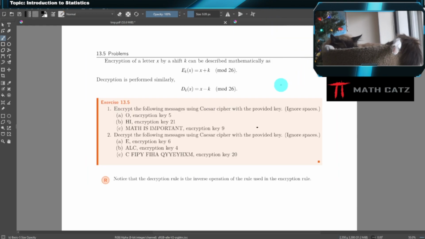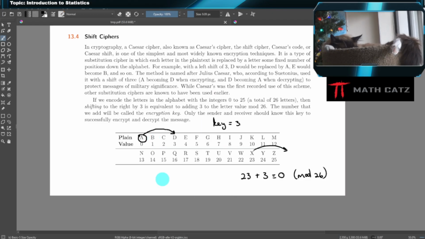So now if we go over here, don't look at everything all at once, just over here first. Mathematically, we can say, okay, we take a letter x and our key k, and the encryption rule is then take the value of that letter, add the key mod 26 so that everything loops correctly.